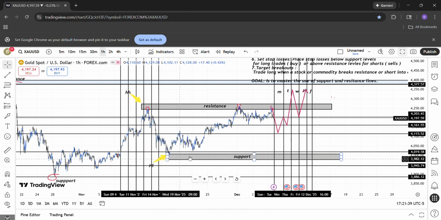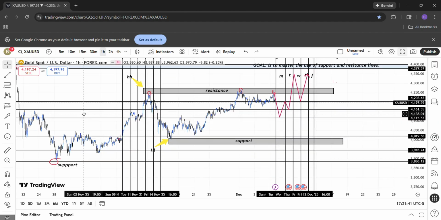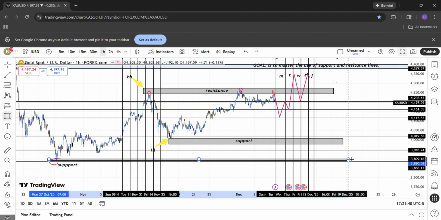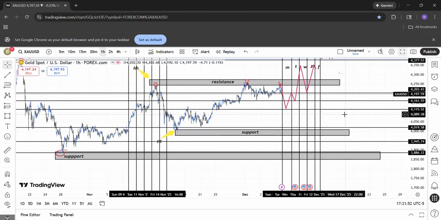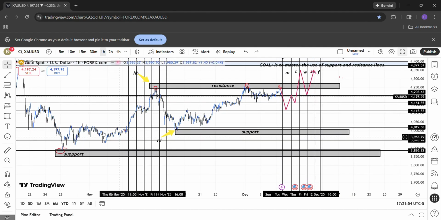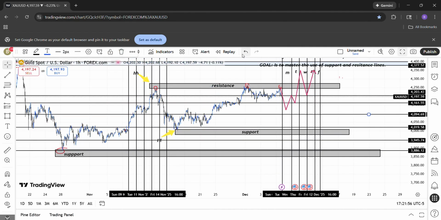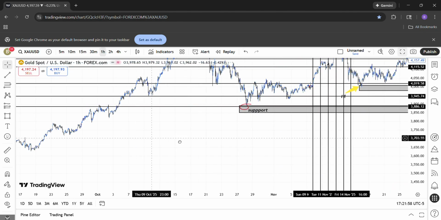Although it's a higher low, it's still a low, right? And then we can go here. We can even label these right here, another support. And it's always important to have more than one or two support lines.